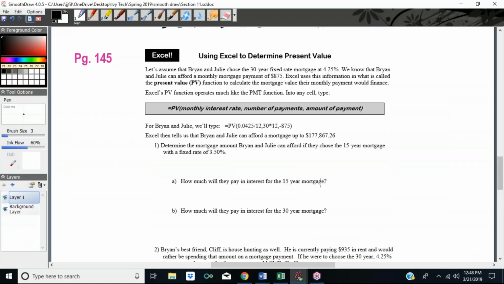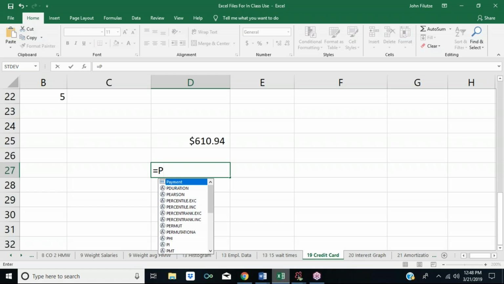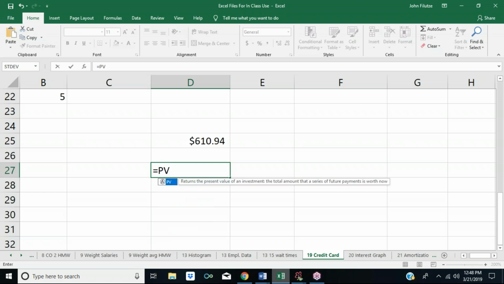And again, it doesn't take into consideration taxes and insurance. So the PV function, so we're looking at a 30-year, 4.25%, $875 payment. I'm going to show you this in Excel so you can see it. So equals PV, and it was, I have to look at it again.